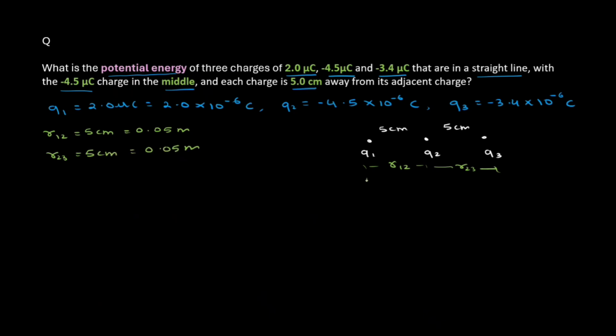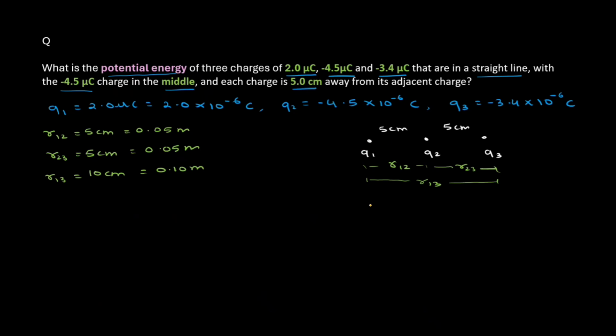And the distance between Q1 and Q3 as r13, and r13 from the figure is 5 plus 5, which is 10 centimeter, that is 0.10 meter. Now to find the potential energy of the system, we are going to calculate the work done in bringing each of these charges to their respective position. So let us first start with charge Q1.